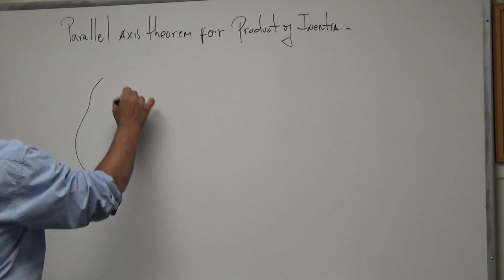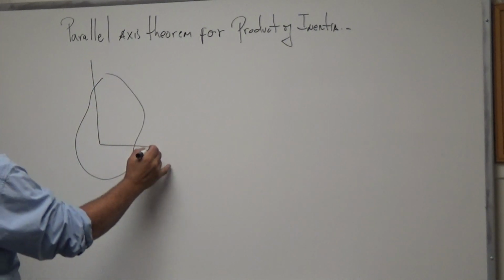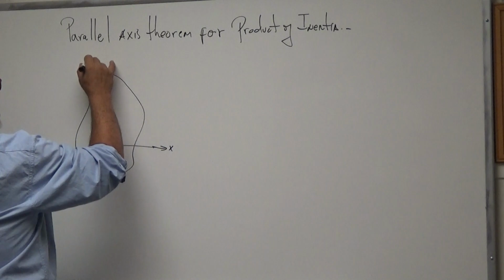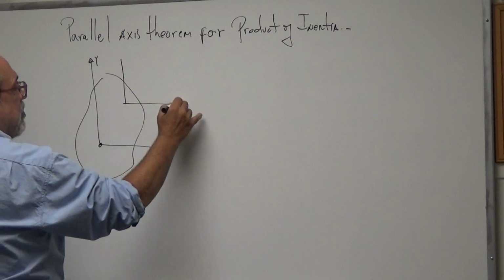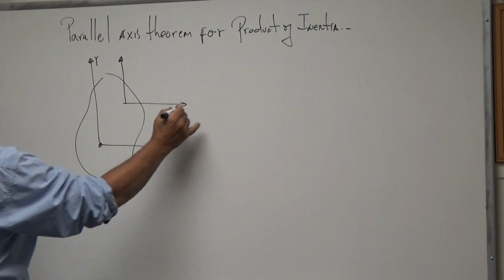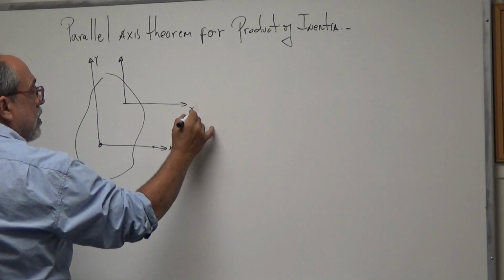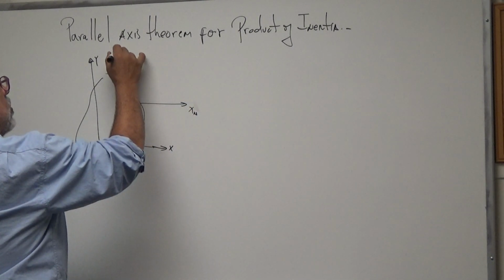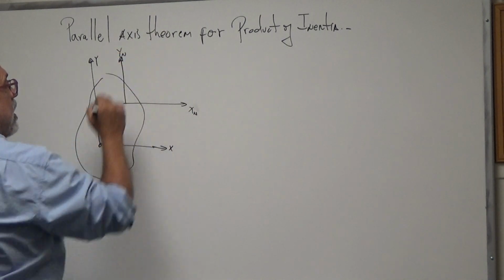It kind of works like this. Let's say that this is the centroid, and this is another set of axes which are parallel to these axes, but are not centroidal anymore. So this is, let's say, x nu and y nu.